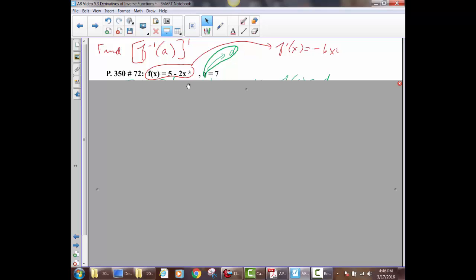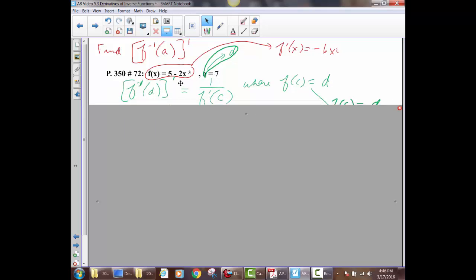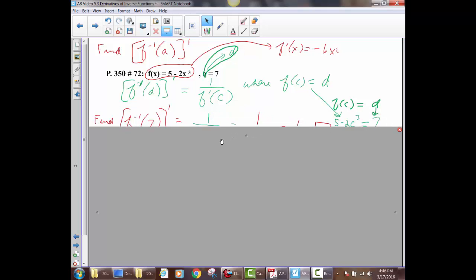Here's another example. Remember, this is our d. f of x equals 5 minus 2x cubed. The question is, find the derivative of the inverse function of that f function at a, where a equals 7. For us, that's d. So here's our formula. The derivative of the inverse function of f at d is 1 over f prime of c, where f of c equals d. In our case, our d is 7.